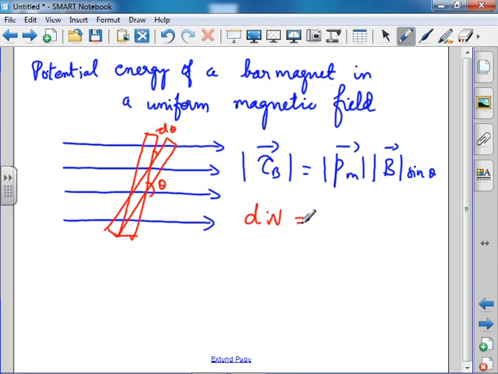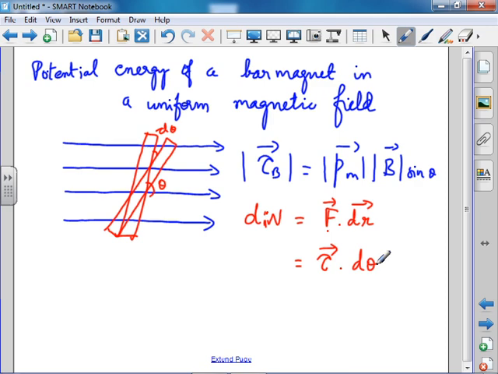In linear motion we have studied that a small amount of work done is equal to F dot dr. It is a dot product of two vectors, so work done is a scalar. Here F is replaced by the rotational analog of force, torque, and the linear displacement is replaced by angular displacement d theta.